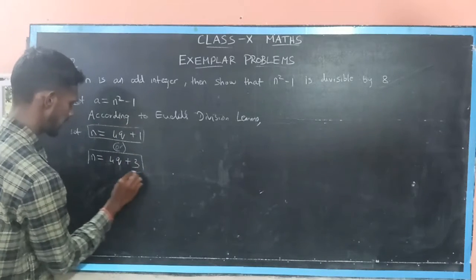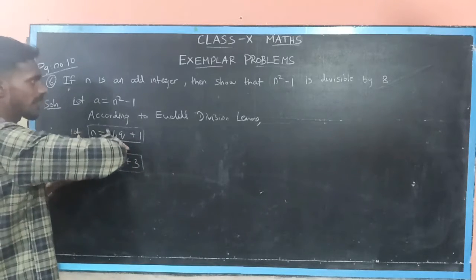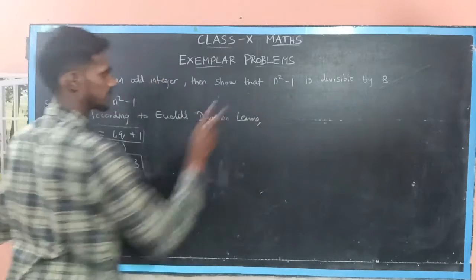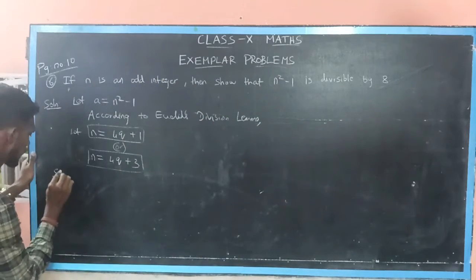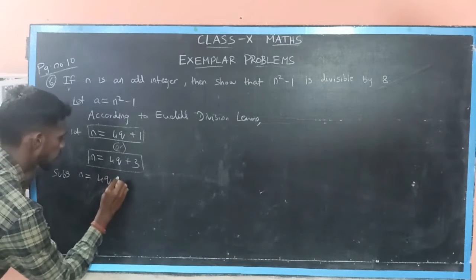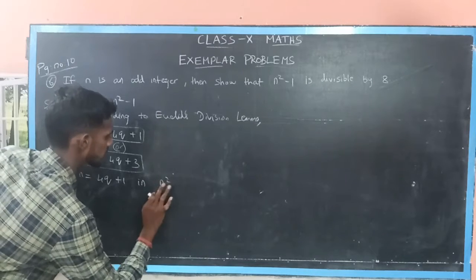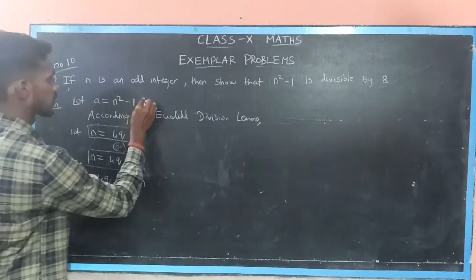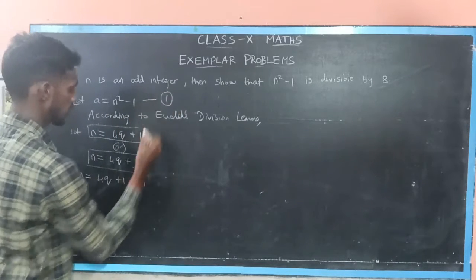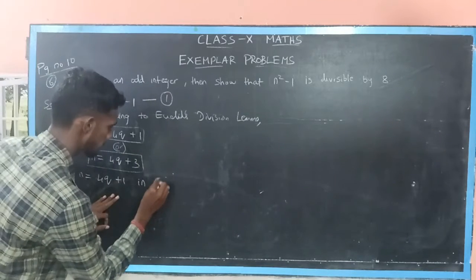Okay. So n takes these two values. I am going to substitute these two values of n in the given term. Okay. So substituting n is equal to 4q plus 1 in n square minus 1, I am naming this step as 1. So I am substituting the value of n is equal to 4q plus 1 in 1.